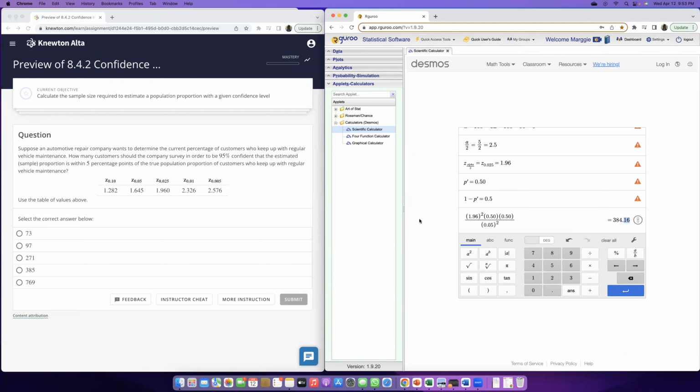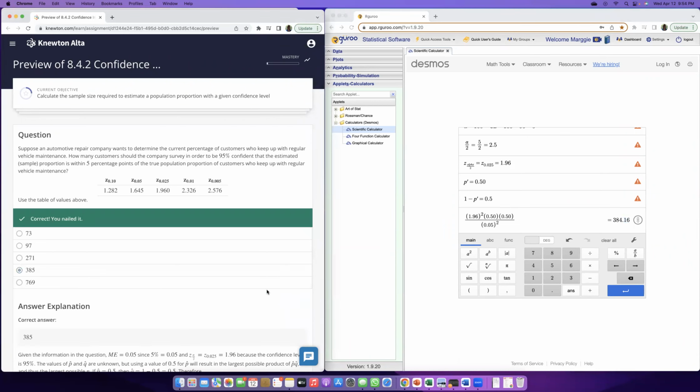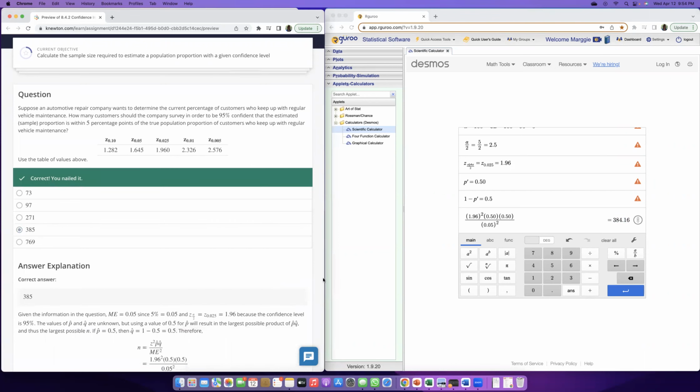So I cannot go and survey 0.16 of a person, right? I need to count one more person. So then we're going to round this to 385. So then we go here. Our sample size should be 385. And we found our sample size.